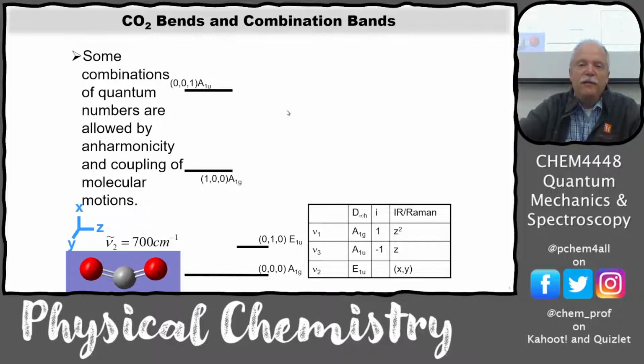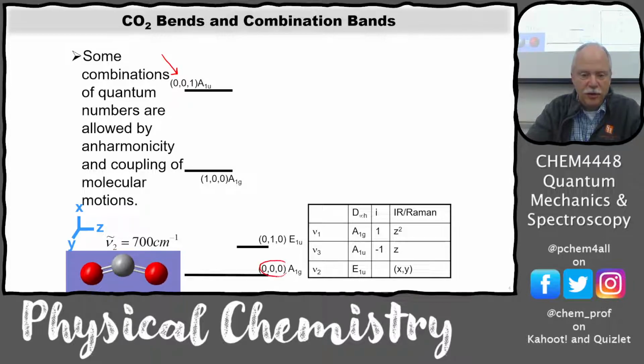So remember, we have this kind of notation. We have 3N minus 6 vibrations, and so this is going to be nu 3. So we have going from 0,0,0 to 0,0,1. Notice we're still in the ground state for vibration 1, still in the ground state for vibration 2, but we have 1 unit of excitation in vibration 3.